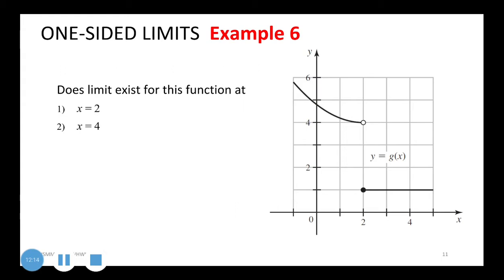Let's look at the function y equal to g(x) here. Does the limit exist for this function at x equal to 2? At x equals 2, from the right hand side the value is 1, and from the left hand side the value is about 4.